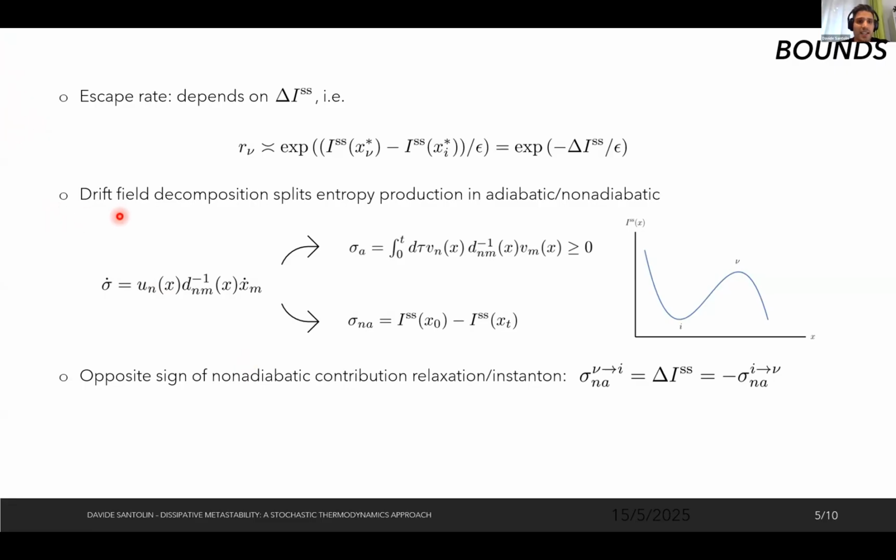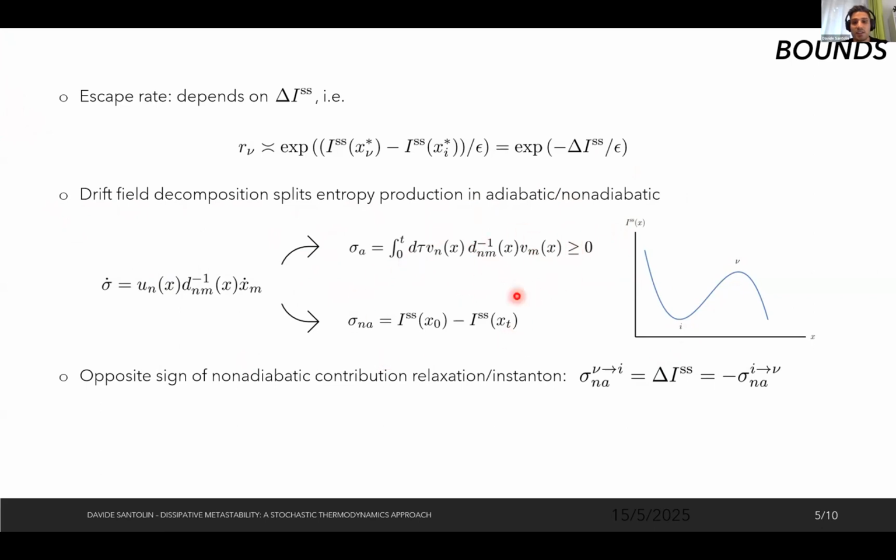So the idea is that, again, with the drift field decomposition, we can split the entropy production into two terms, the adiabatic and the non-adiabatic contribution. What we observe is that the adiabatic contribution, no matter the kind of trajectory we are considering, the instanton or the relaxation, will always be positive because it's quadratic in these velocities.